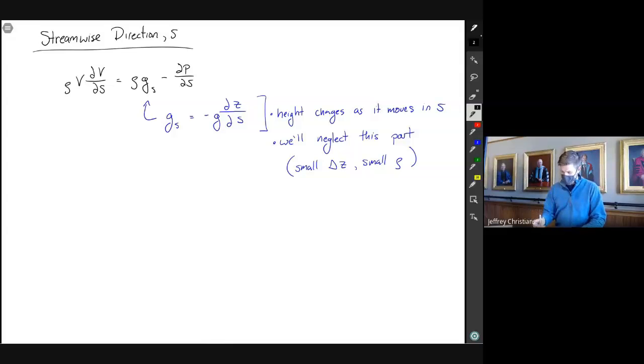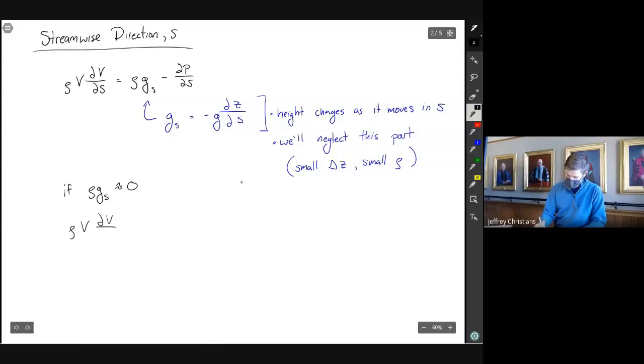So what does this tell us? If rho g s is about equal to 0, if we neglect that, then we have rho V dV ds equals minus dP ds.